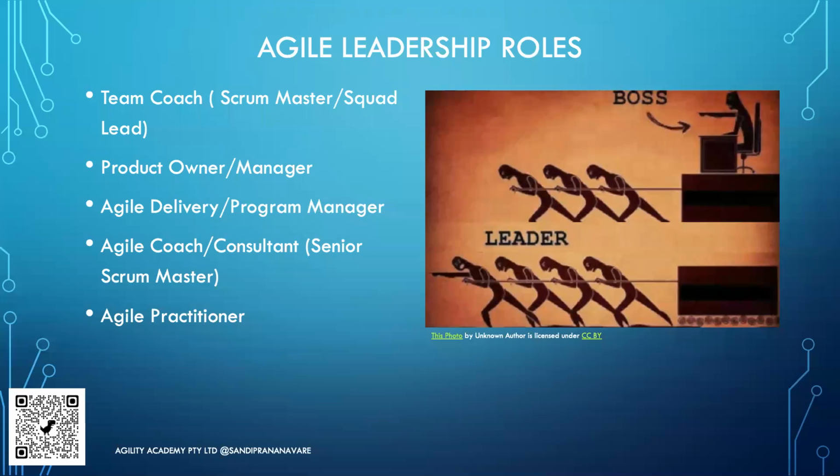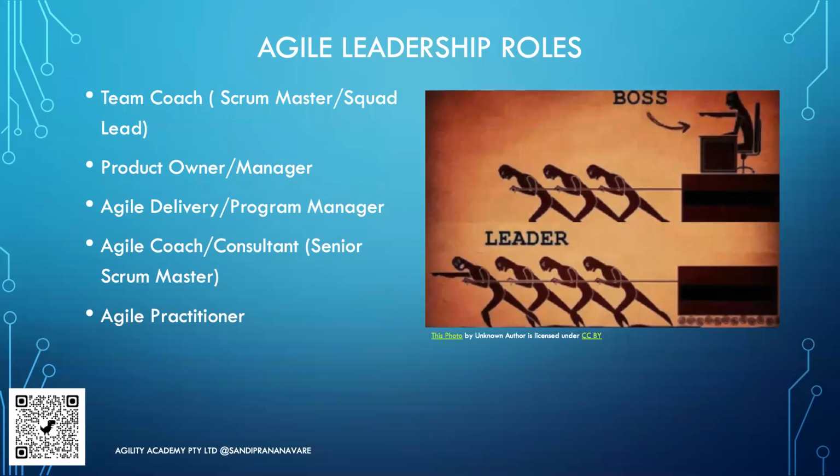Cool. So first two roles are at team level. Then next two roles, which are agile program manager or delivery manager and agile coach consultant, these are team of teams level roles or group level roles. As a delivery manager or program manager working in agile environment, you might want to support product owners or scrum masters based on what kind of organizational structure is present.